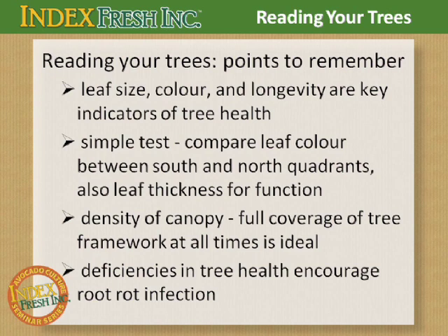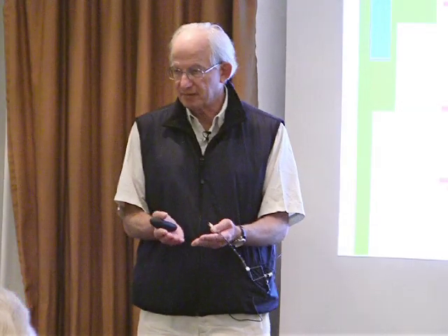Another thing we do in New Zealand is we go to each of the two quadrants, north and south. We usually go, in our case, to the south, in your case to the north. We pick a good leaf on that side and we take it around and we put it next to a similar leaf on the other side. So in your case, you take it from the north, bring it to the south and compare them.